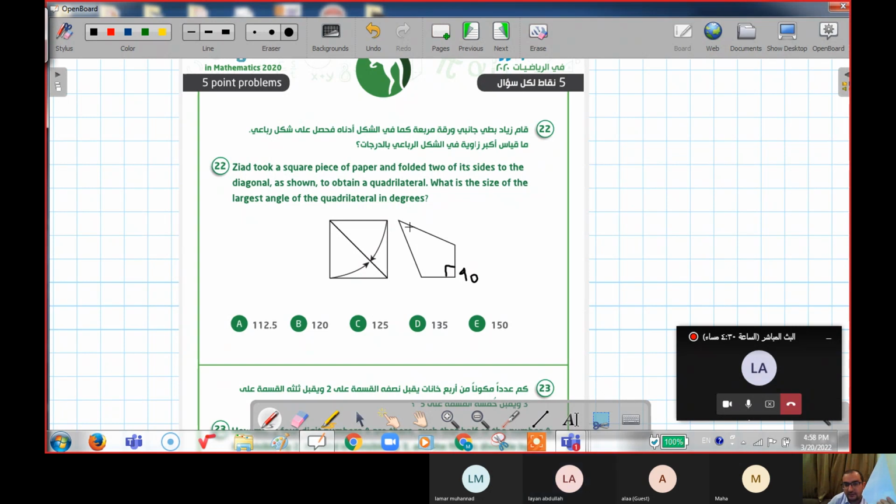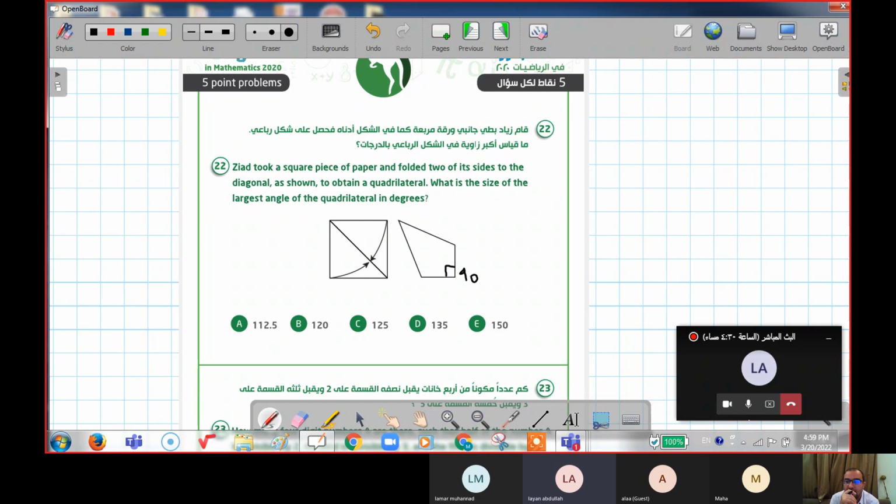Why 45? This is the right answer, yes. This is 45. But I want to know, Layan, why 45? Because I think this is an acute angle, which is going to be less than 90.